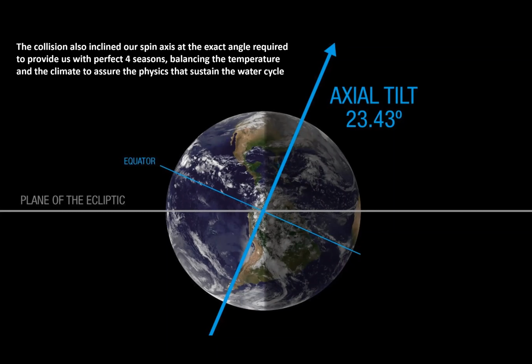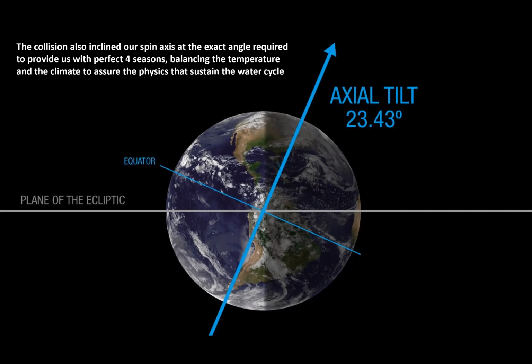Not only are we in the right place in the solar system to have water in the three states, but also because of this inclination, when we are circulating one side of the sun, our south pole is closer and our north pole is further from the sun. But when the planet is on the other side, now the north pole is closer to the sun and the south pole is further from the sun. So thanks to this, we have our very well organized four seasons on the planet.